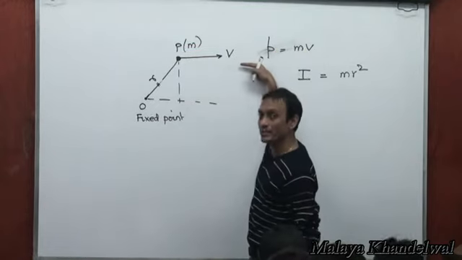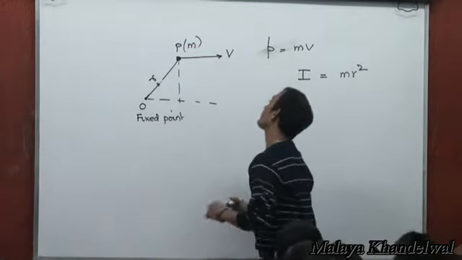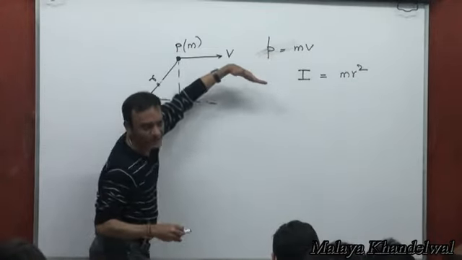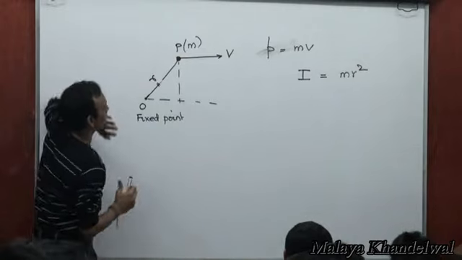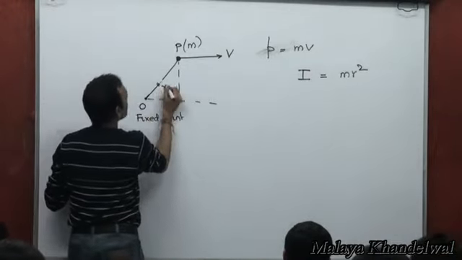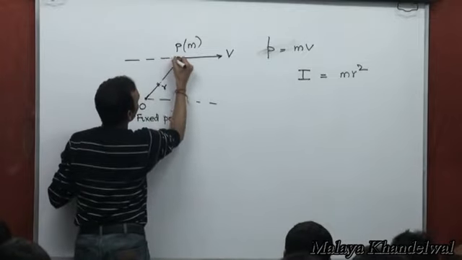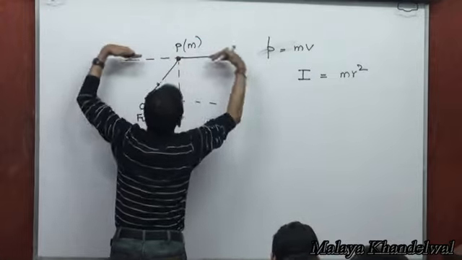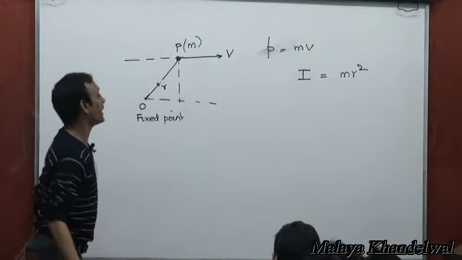The direction of the velocity is the same as the direction of the linear momentum. And this is the line of action of the velocity, or line of action of the linear momentum, right?